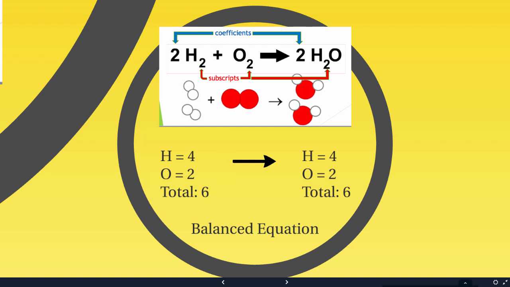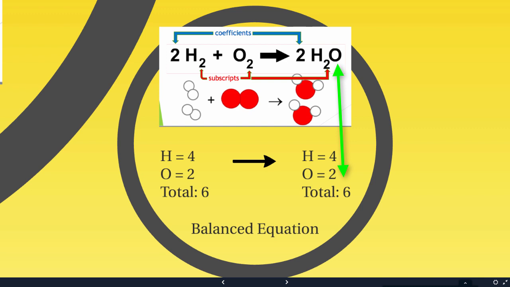I'm going to do the same thing to the product side. So counting my atoms with this formula, I pull out my elements, H and O. I have a subscript 2 here, telling me there's 2 hydrogen atoms. I have a coefficient though, so I have to apply that. So 2 times 2 is 4, giving me 4 hydrogen. I have no subscript here, but a coefficient in front of the O, or the oxygen.